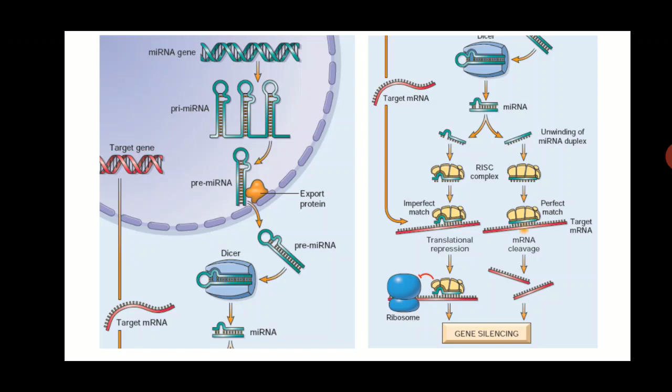This is a diagram to show you how the microRNAs are produced and how they function. The microRNA gene is present in the DNA and it is produced as a primary microRNA. The primary microRNA is transported into the cytoplasm where it forms the pre-microRNA.